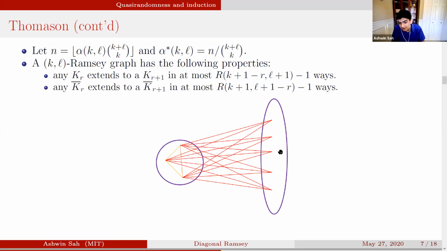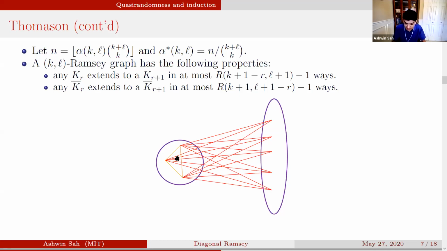Now the point is, supposing that I had R(k plus 1 minus r, l plus 1) vertices, this number plus 1, if I had that many vertices in this group, either I could find an independent set of size l plus 1, which would violate the K_l Ramsey graph property, or I could find a clique of size k plus 1 minus r inside of this common neighborhood.